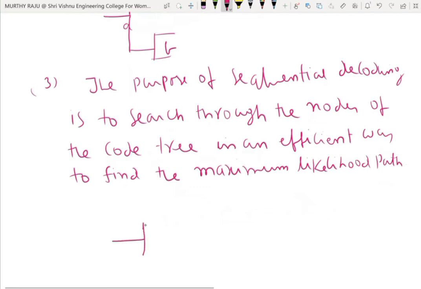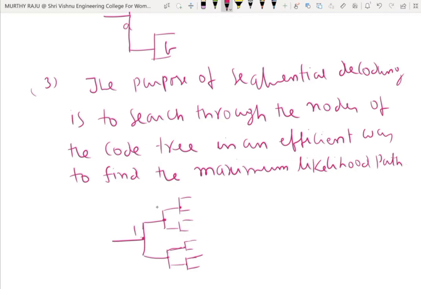This one is the code tree. Divisions are like that. These are the nodes of the code tree. The purpose of sequential decoding is to search through the nodes of the code tree.